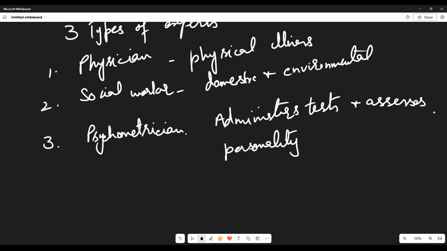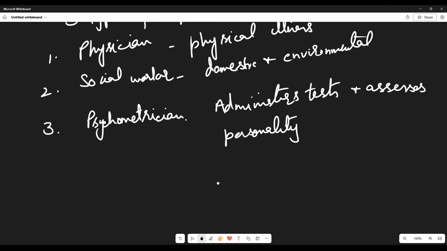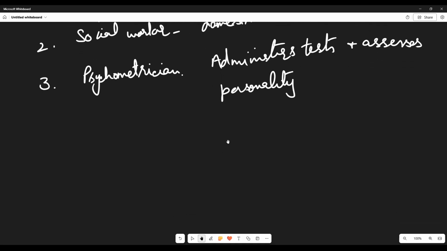All three of them discuss and analyze in detail all the collected information about the individual and advise the best suitable treatment when required. In some cases, some special training of the individual is suggested or some lifestyle changes are advised. So, we see that with number one, a suitable treatment is provided.